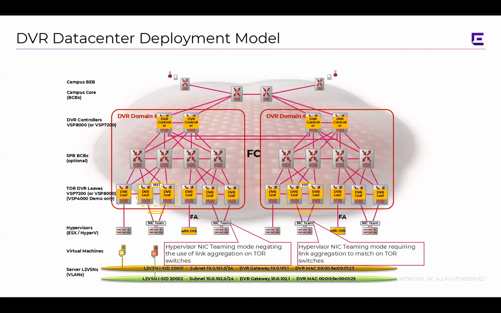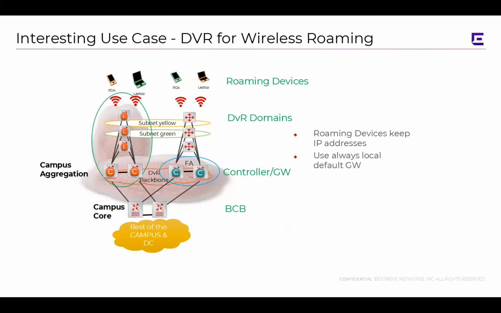I spoke about the data center, but it can be used for different things as well. For example, this one. This is an example of DVR working for wireless roaming, I mean L3 roaming. You have some access points, and you have the fabric network here.